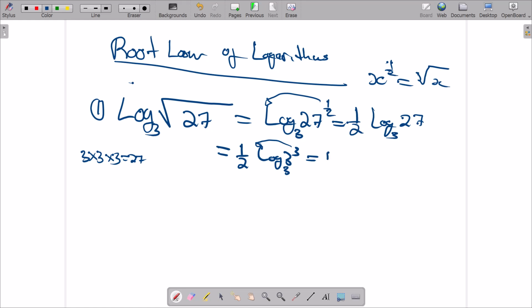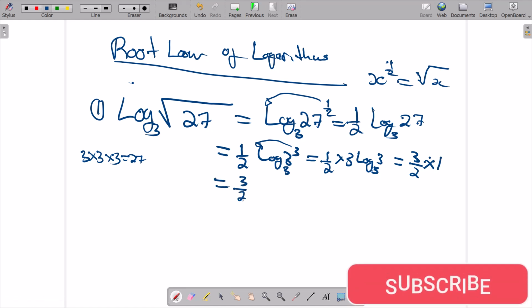It will be half times 3 log 3 base 3. So we can simplify this expression as 3 over 2, times log 3 base 3, which is 1. We have discussed that. So our final answer will be 3 over 2.